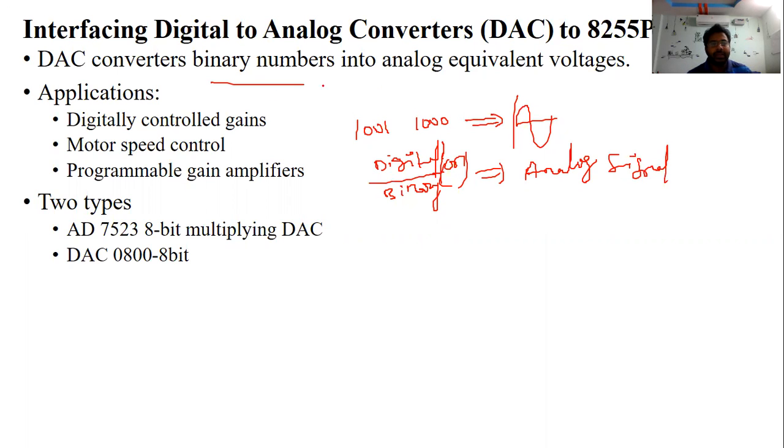So binary number into the equivalent analog voltages. The signal you are assuming here is a voltage. The signal is nothing but a voltage. The signal may be a voltage or current.